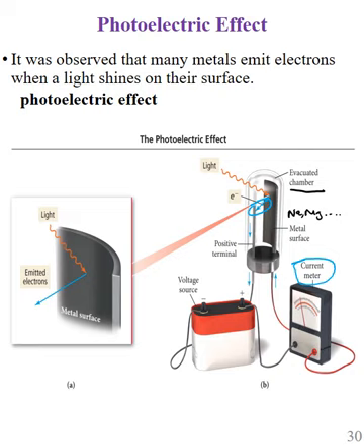Now on the left side, figure A, this is just showing a really close-up view of the electrons. So you have an electron sitting on the surface of a metal. It's attached to an atom, right? When light hit that electron, the electron got excited.